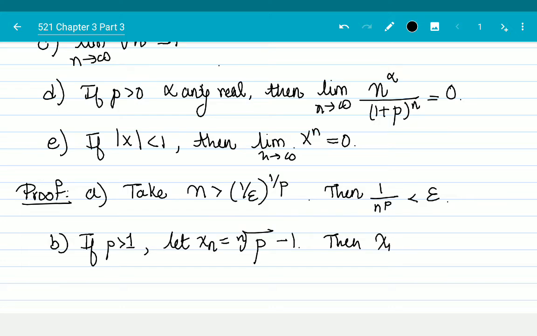So xn is greater than 0. And now I can use the binomial theorem. 1 plus n xn is smaller than or equal to (1 plus xn) to the n, which is exactly equal to p.